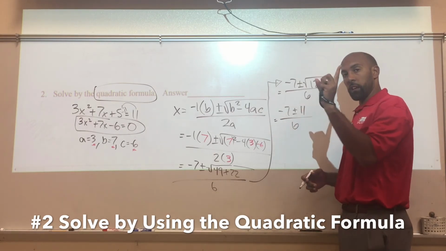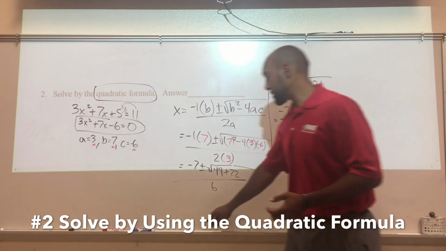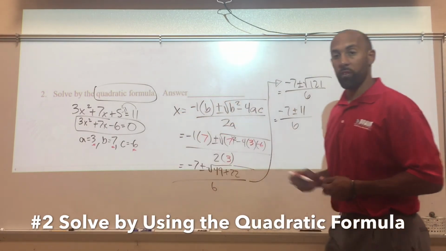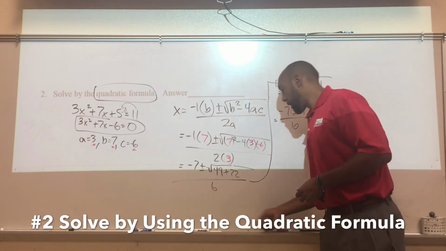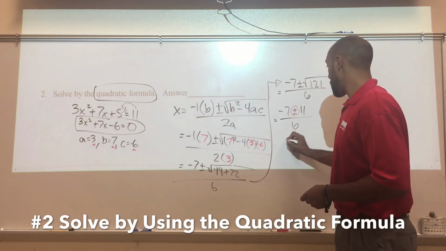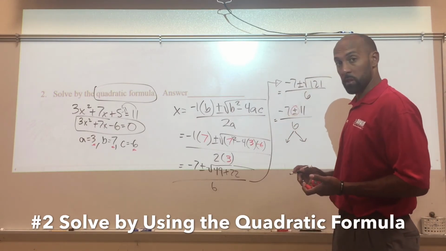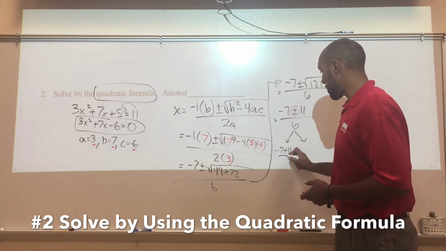So now here's the key thing, plus and minus. Because it's plus and minus, that means I have to figure this solution out 2 different ways. The first time, I need to add 11, and the second time I need to subtract 11. So what I'm going to do is split it up. The first one will be -7 plus 11 over 6.